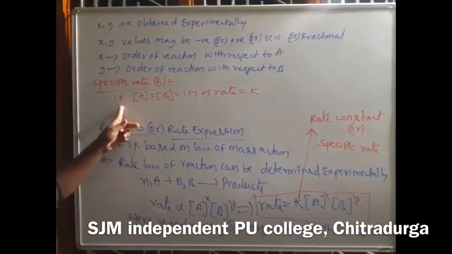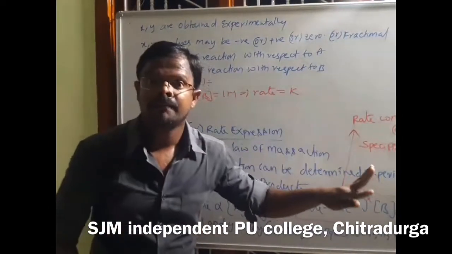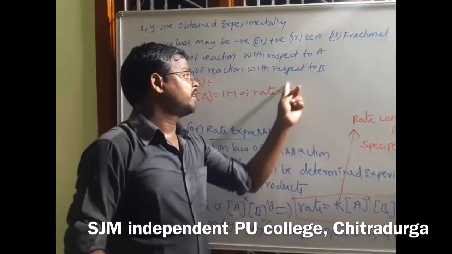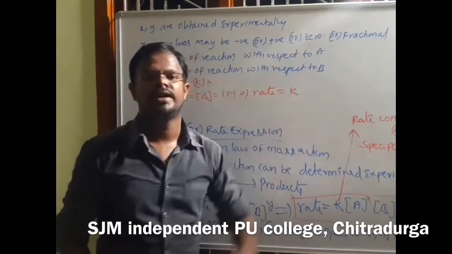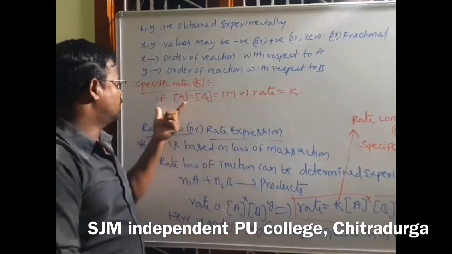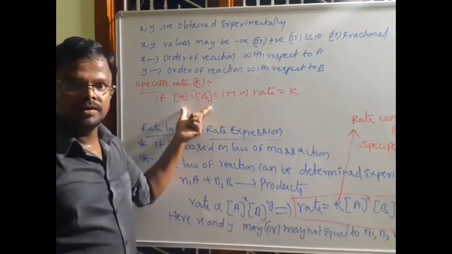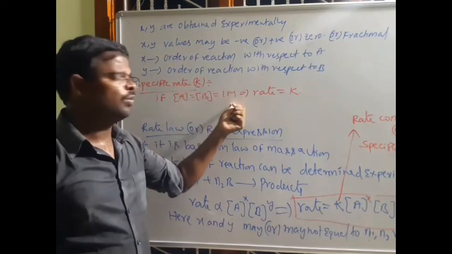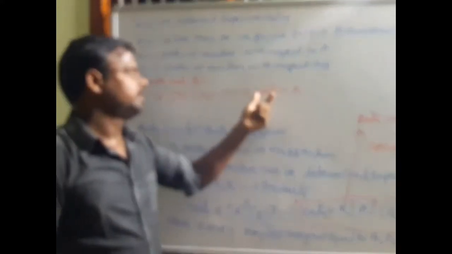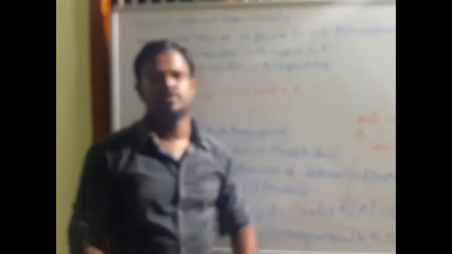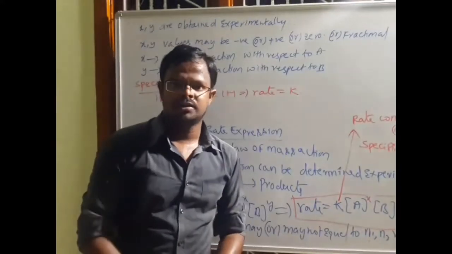If the molar concentrations of the reactants are unity, then the rate constant of a chemical reaction is equal to the rate. That means when the molar concentrations of reactants A and B are equal to molar unity, then rate is nothing but the rate constant. Okay, that is the specific rate.